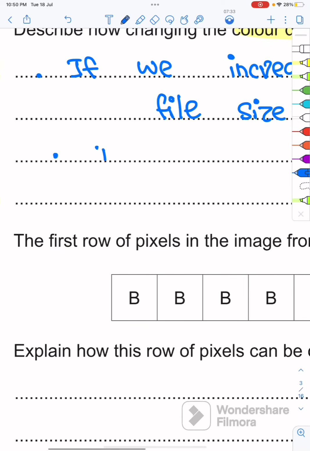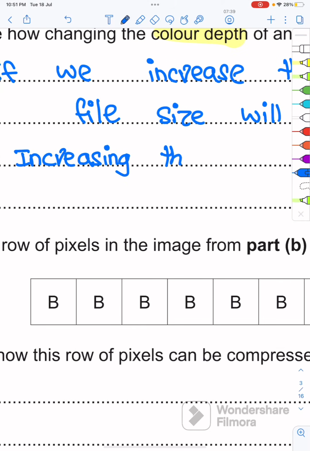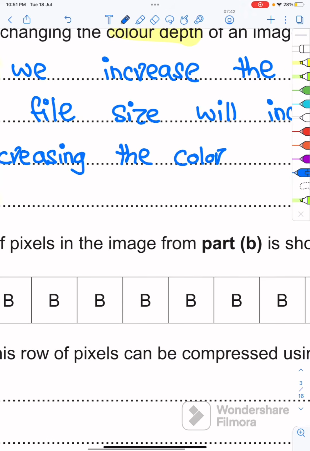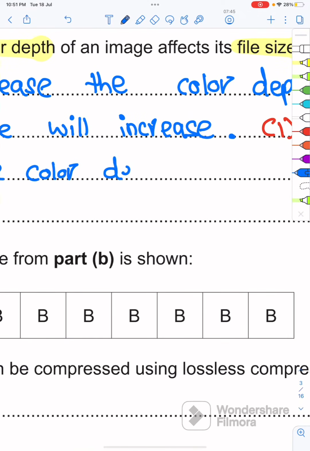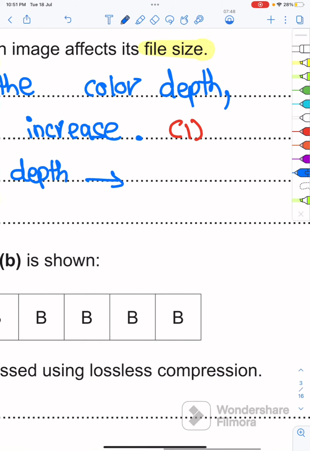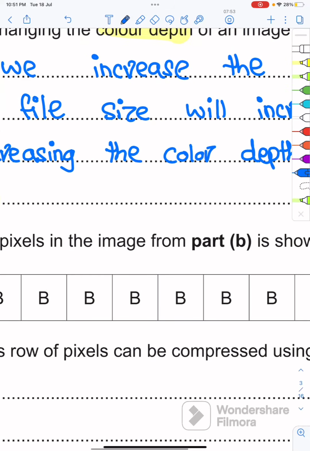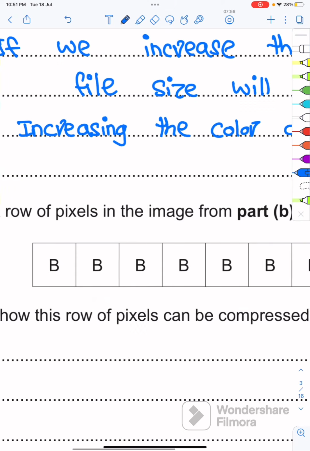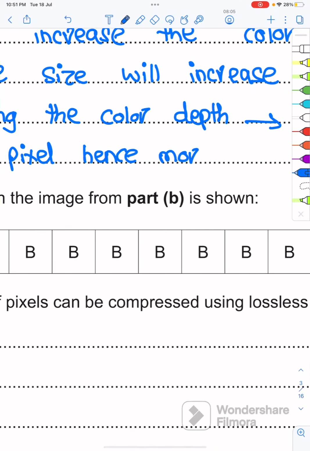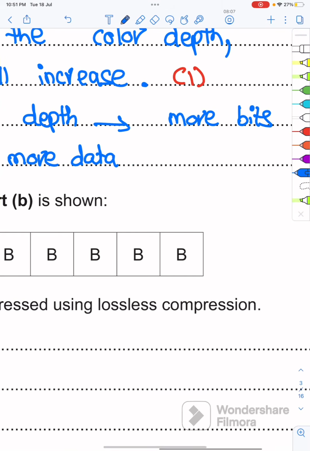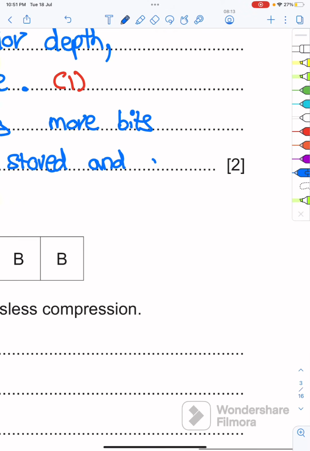So increasing the color depth will result in more bits per pixel, hence more data stored, and greater file size.